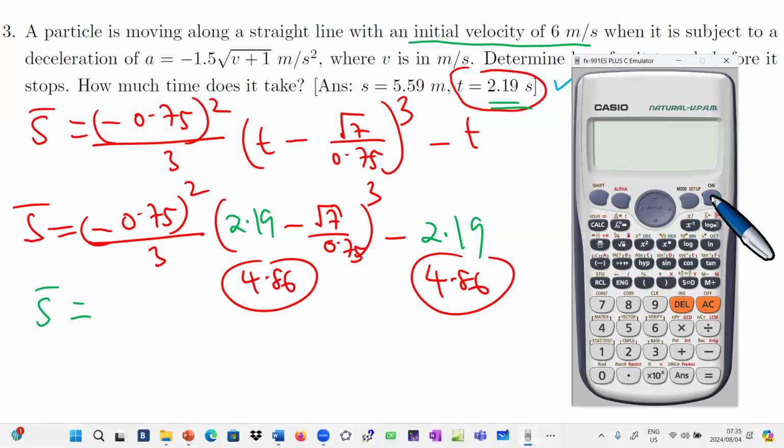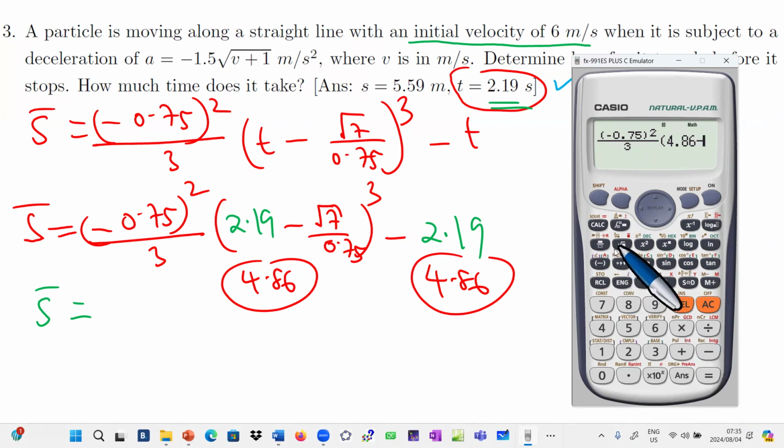So that would be, for example, open bracket minus 0.75, you close and you square everything, divide by 3. Open bracket, now we're doing 4.86.